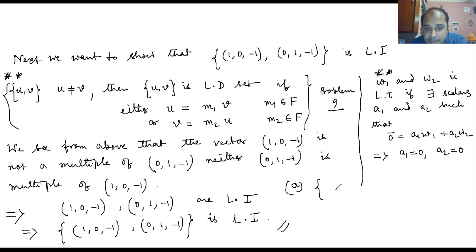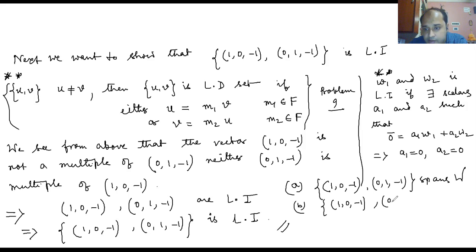Point number 1 is that (1, 0, -1) and (0, 1, -1) span W, and this set is LI. Let me write it on another page because it's a very important result.